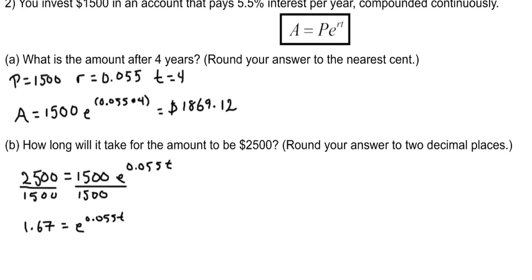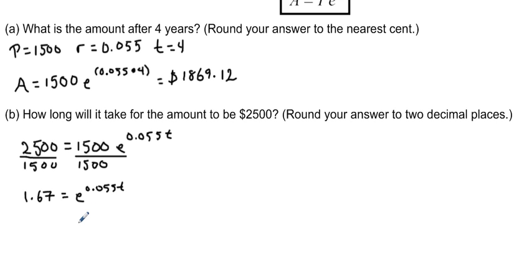So we'd still like to have this t here by itself. And our next step to do that will be to get rid of this e right here. And in order to get rid of the e, we want to use the inverse, and the inverse of the e will be the natural log. If we take the natural log of the right side, we have to take the natural log of the left side.